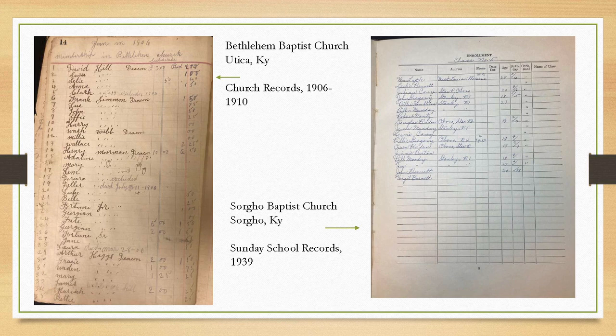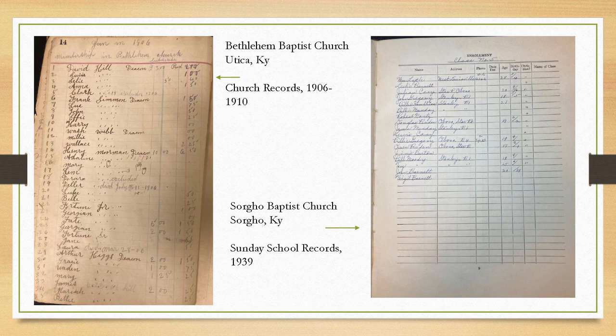So on the left is a Sunday school record, membership roll for Bethlehem Baptist Church in Utica. This was a small black church that was formed by the freed slaves in that area after the Civil War. We have some of their records from 1906 to 1910. If you look at it, it's a list of names, but you get the family units.